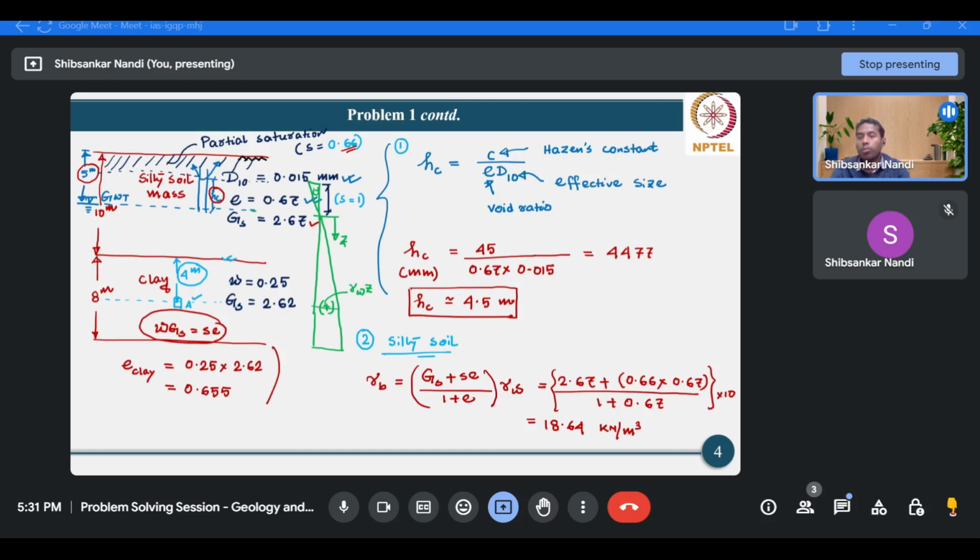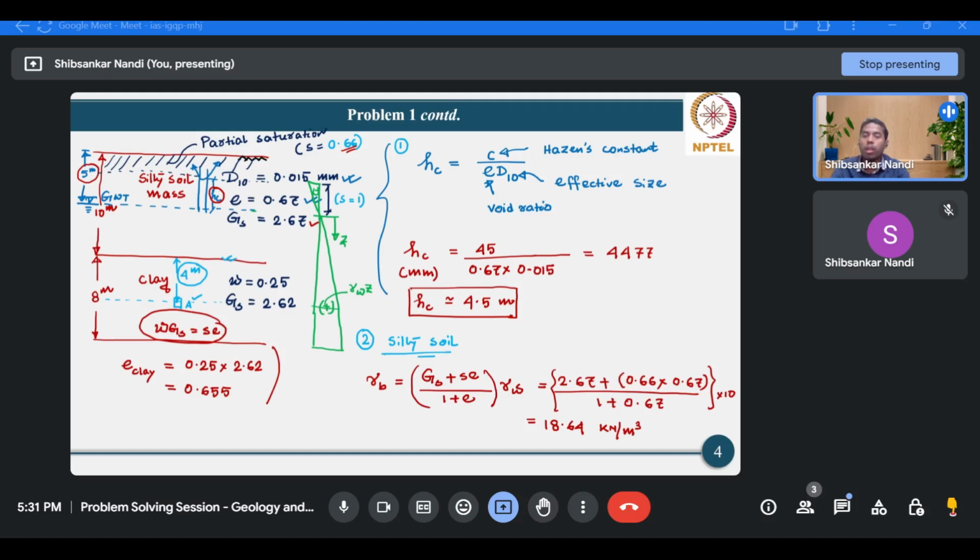So far we have calculated the effective stress below the groundwater table, so that's why we subtracted. Otherwise, if we calculate it in the capillary fringe zone above the groundwater table, in that case we have to add the pore water pressure.